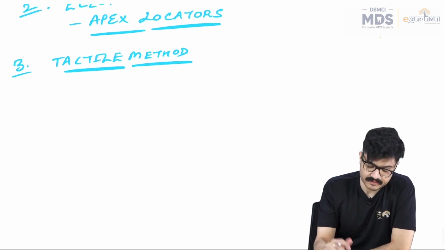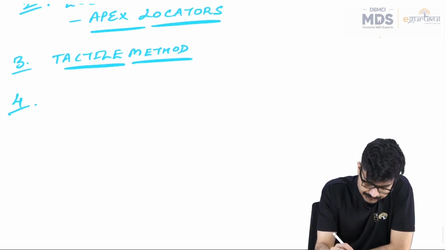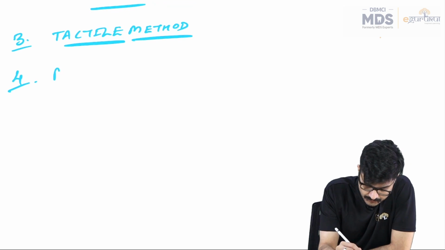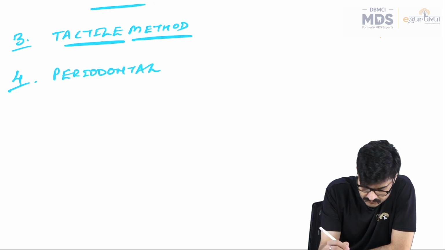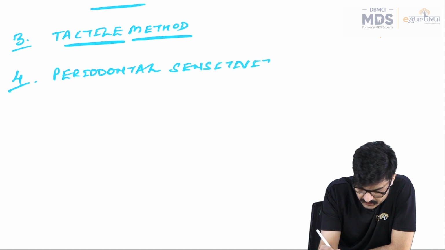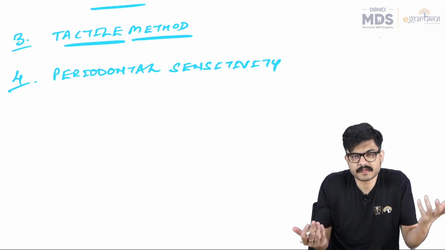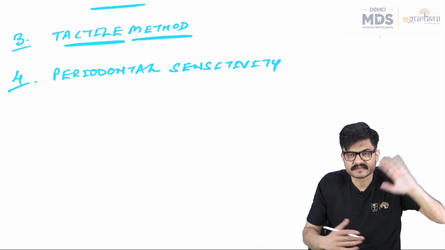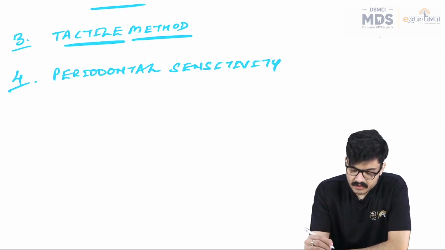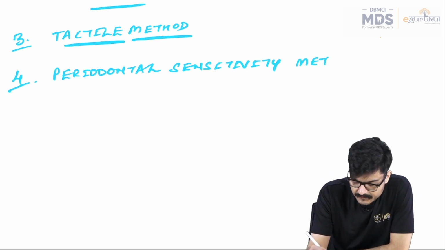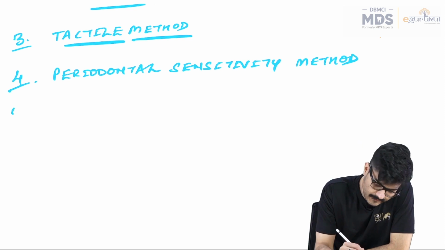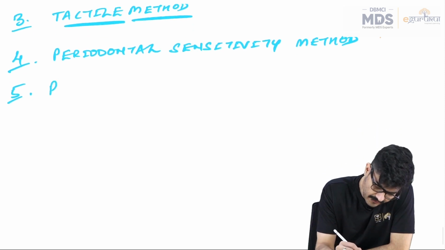That's the tactile method. Then we have the periodontal sensitivity method. Simply, when the file reaches the PDL, the patient responds by raising his hand, saying that I have pain. So that's the periodontal sensitivity method. And lastly, we have the paper point method.